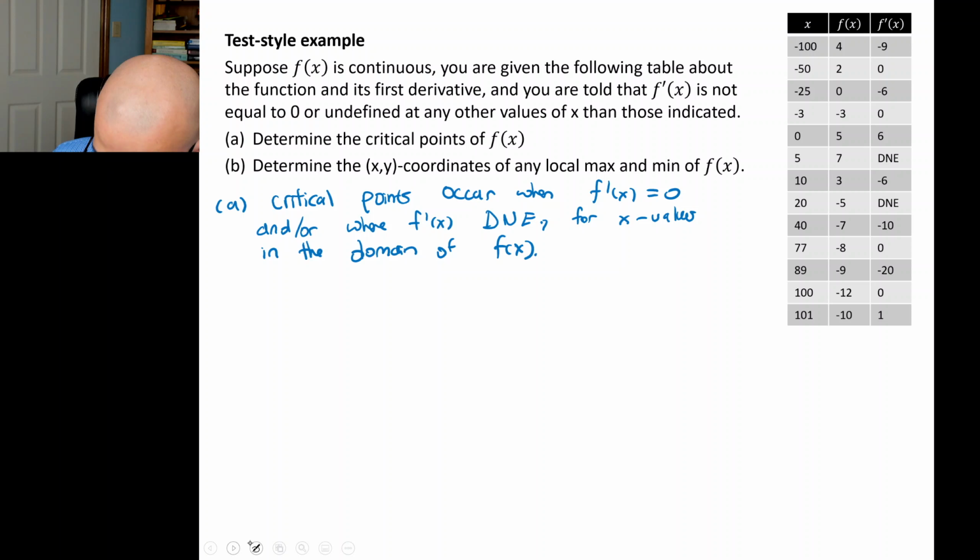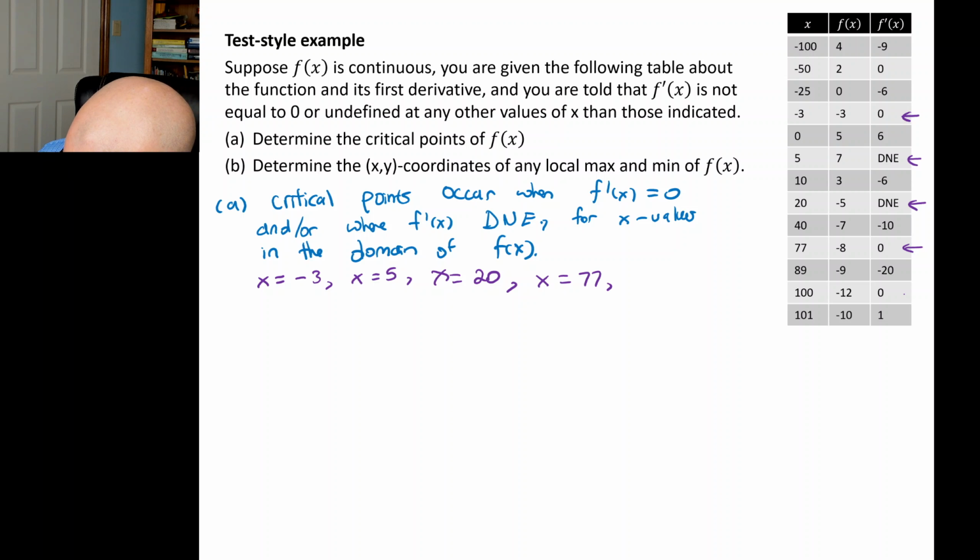So based on that, we can see that x equals -3, x equals 5, x equals 20, x equals 77, and x equals 100 are critical numbers.